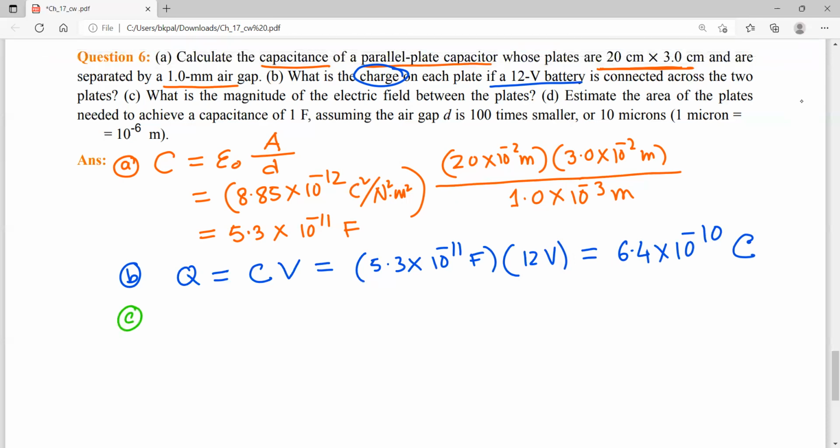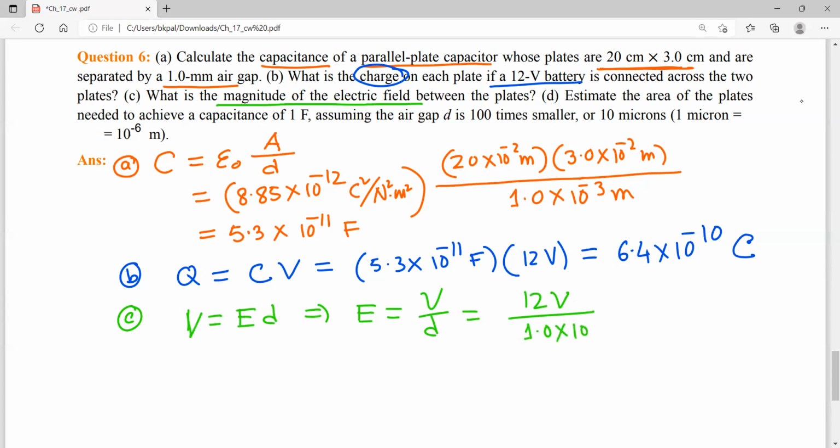Next, the magnitude of the electric field. Again, we are going to use the formula V equal to E D. This means E equal to V over D. You already know V equal to 12 volt and D is 1 millimeter, the separation between two plates.